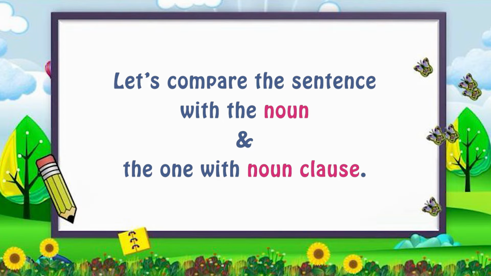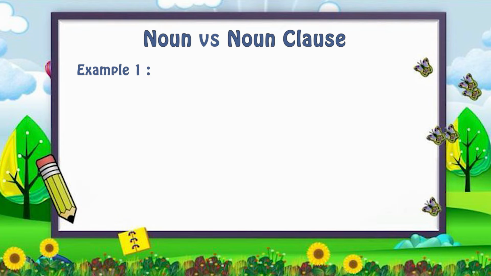Now, let's compare the sentences with the noun and the ones with the noun clauses. Let's see the first example. I will tell you my workplace. Pay attention to the underlined words, my workplace. My workplace is a noun. If I would like to use a noun clause, I will replace the noun with a noun clause.